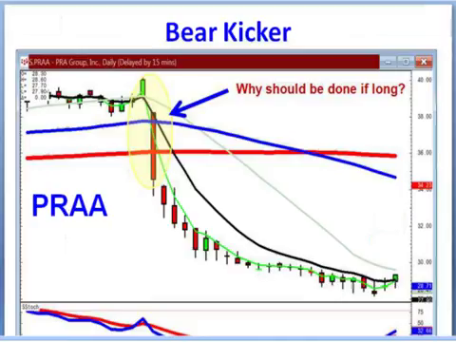On the PRRA chart, just before the bearish kicker, right here. A bull kicker? I can't tell. No, it doesn't look like a bull kicker. It looks like a doji sandwich, with a doji in between there. All right.